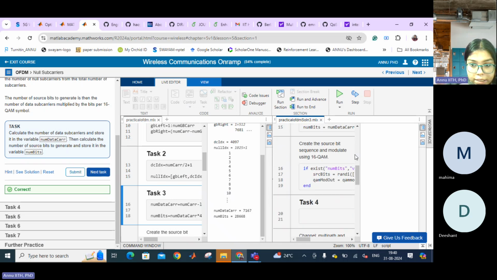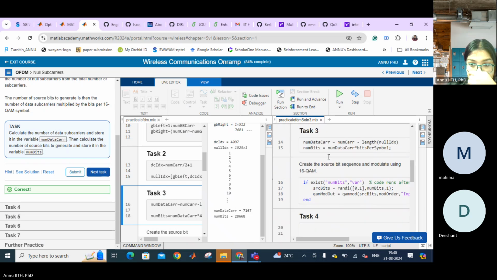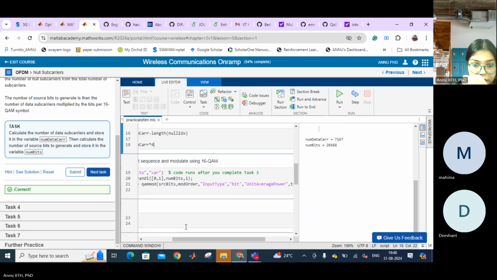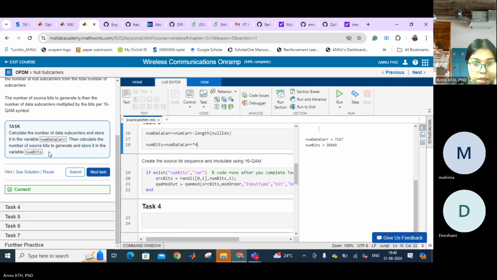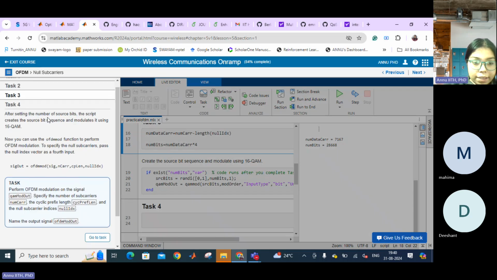Task 3. Same way, same thing. Okay, so task 4. After setting the number of source bits, the script creates a source bit sequence and modulates using 16 QAM.